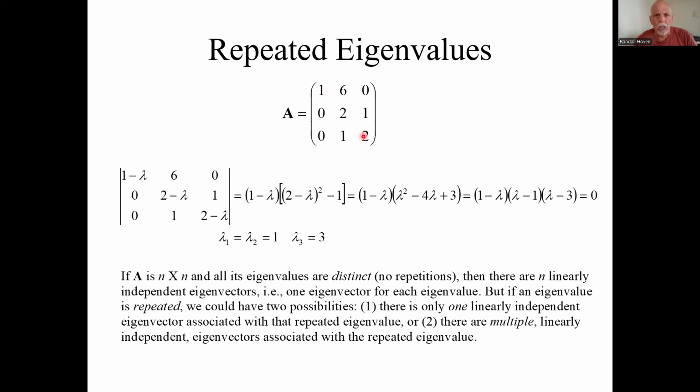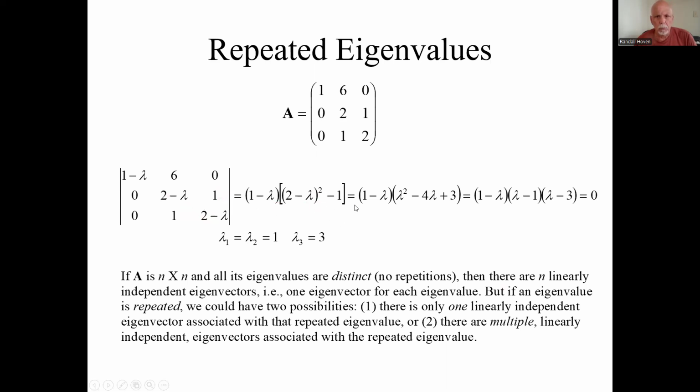Okay, here's our A. We're going to subtract lambda from all the diagonal elements. There we go. And then take this determinant. I'll expand by this first column because it's got two zeros. So I'll get 1 minus lambda times this sub-determinant, which will be (2 minus lambda) squared minus 1.